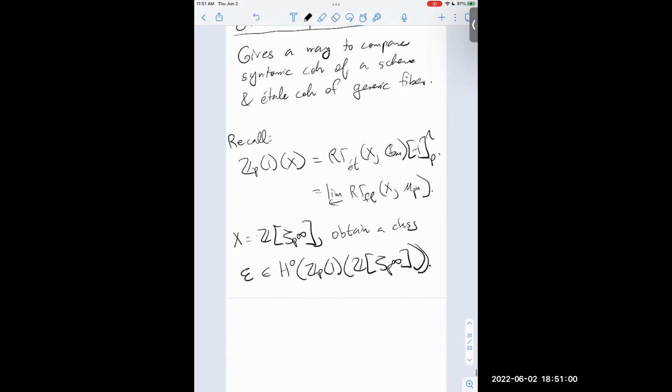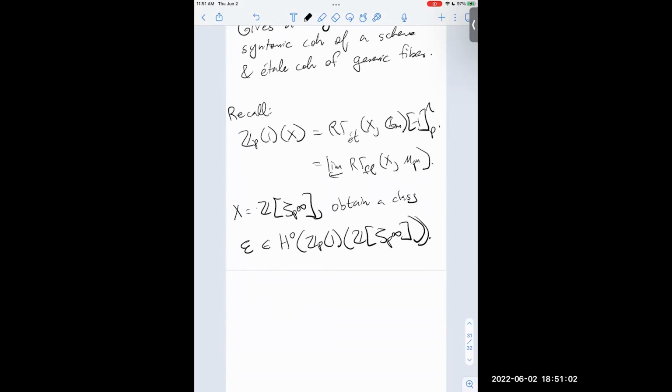Right. And so now there's the following theorem. So I guess this is due to Bhatt-Scholze, and in this form, due to Bhatt and Lurie.